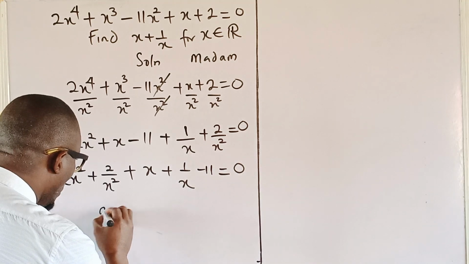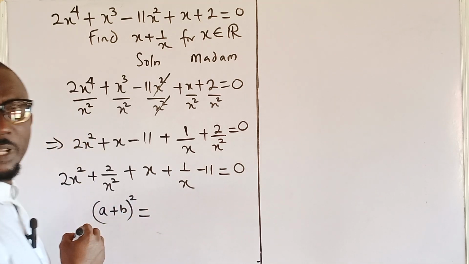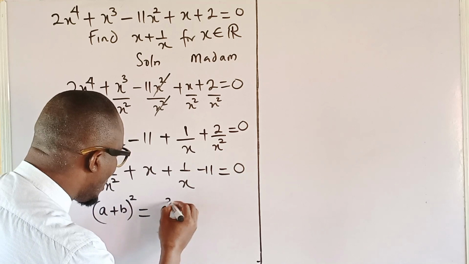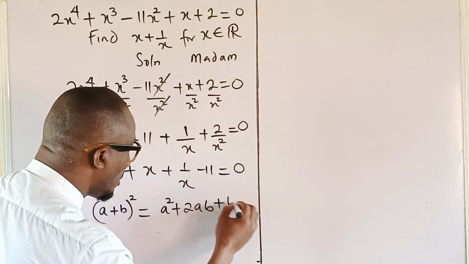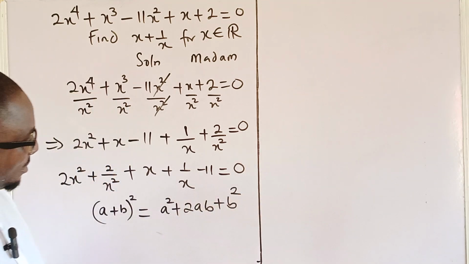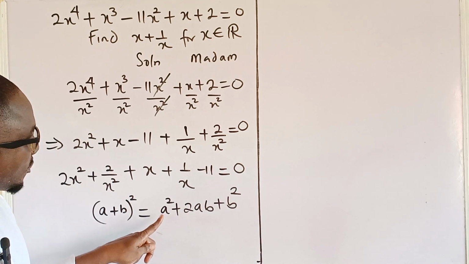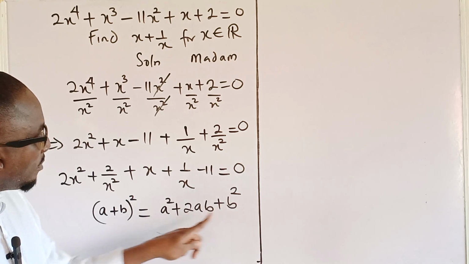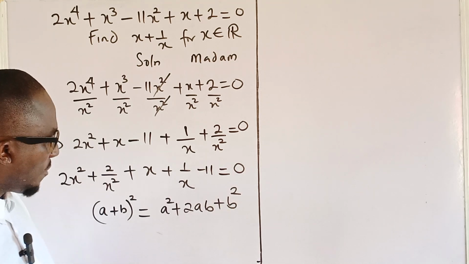We know that if we have a plus b whole squared, this can be expanded to give a squared plus 2ab plus b squared. Then if I attempt to isolate a squared and b squared, I think that is called sum of squares.